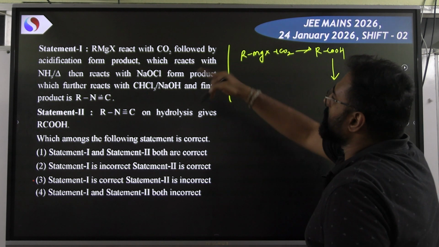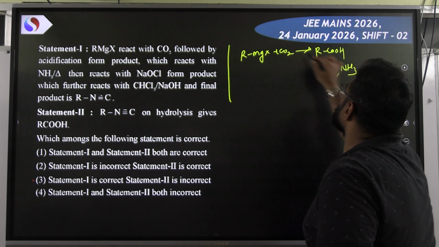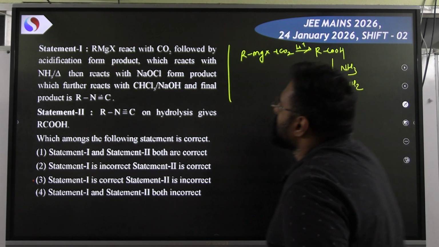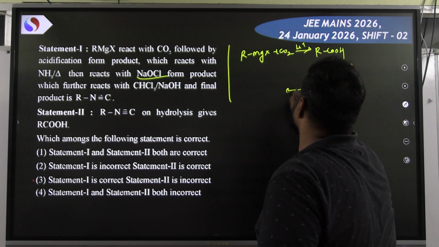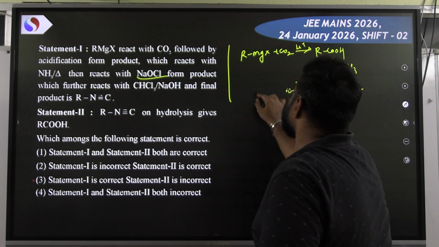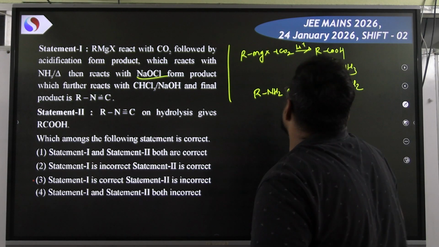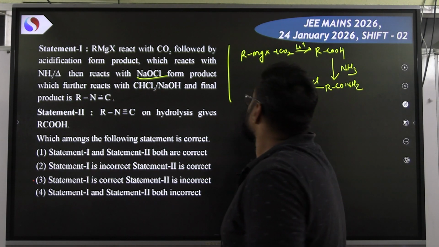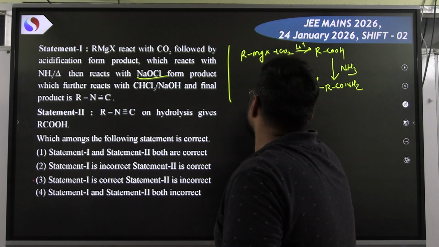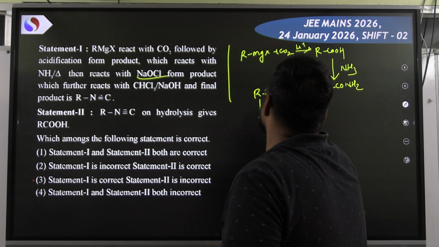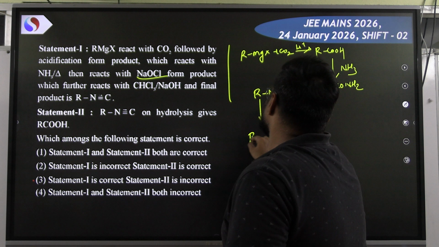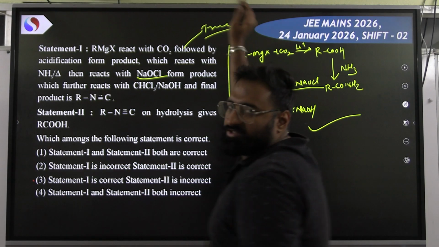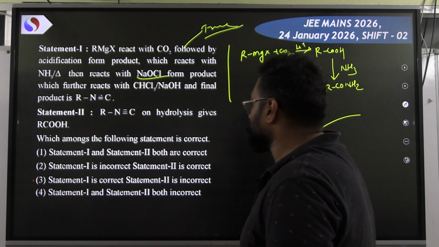Now ammonia is added, so this will be RCONH2. Then it is reacted with NaOCl, and it is reduced. It is further reacted with chloroform, so this is the carbylamine test. So statement 1 is true.